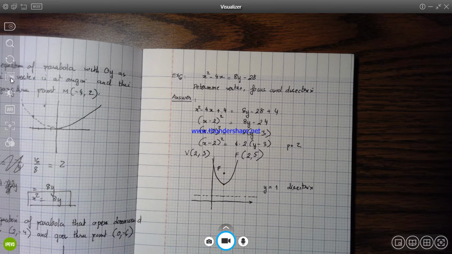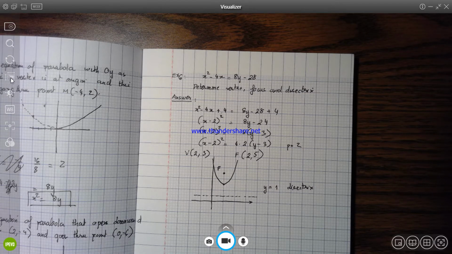In vertical parabola, variable x has the highest, second power. But for the horizontal parabola, we have variable y with the second power. So you will have y squared instead of x squared.